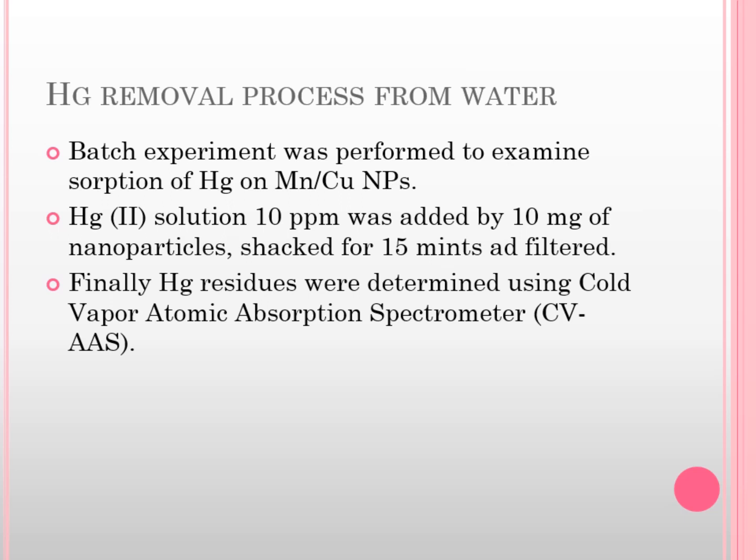For this experiment, a 10 ppm solution was added to 10 mg of nanoparticles and was checked for 15 minutes and filtered. After filtration, the mercury residue was determined using the cold vapor atomic absorption spectrophotometric method.